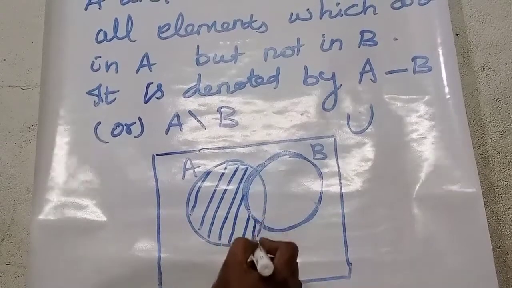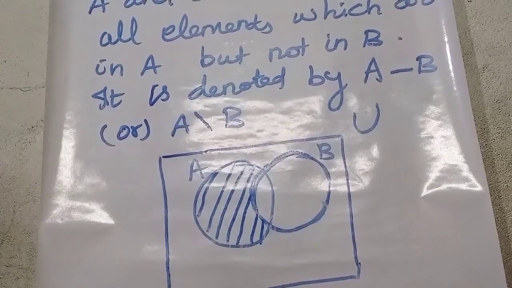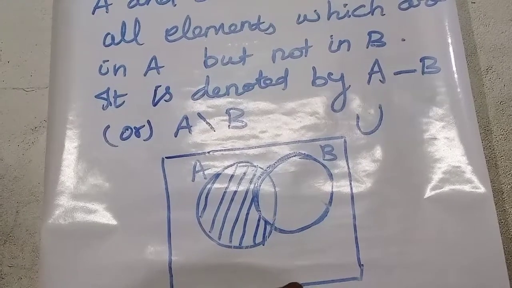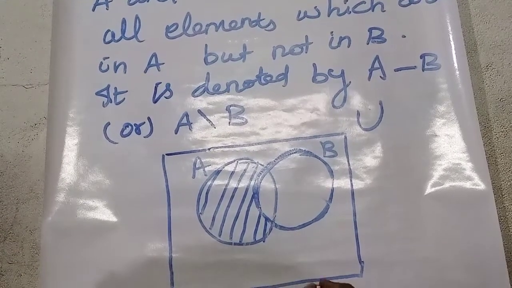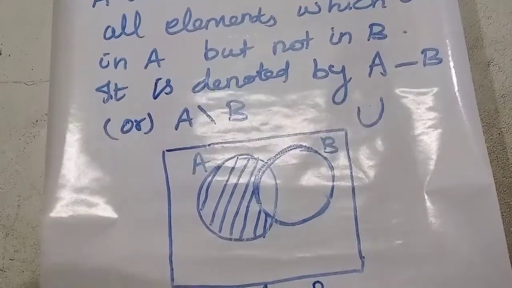Only the shaded portion is A difference B, or A minus B.